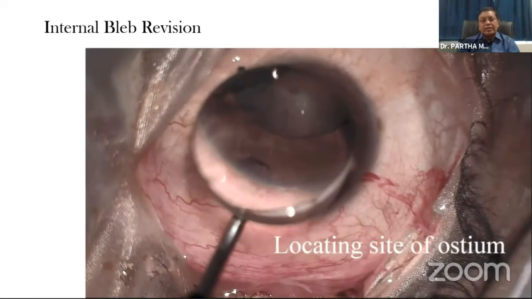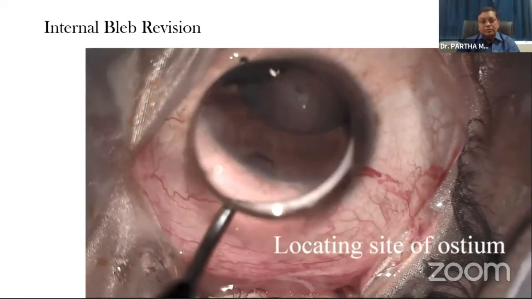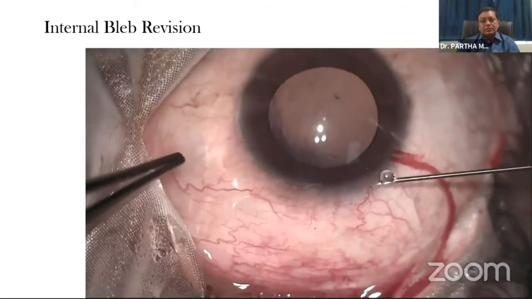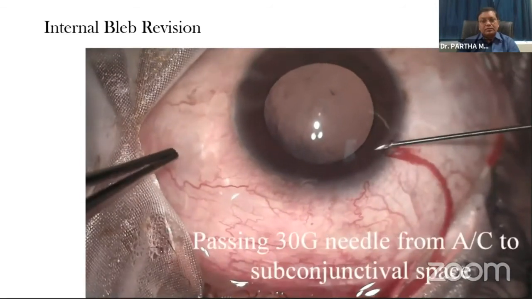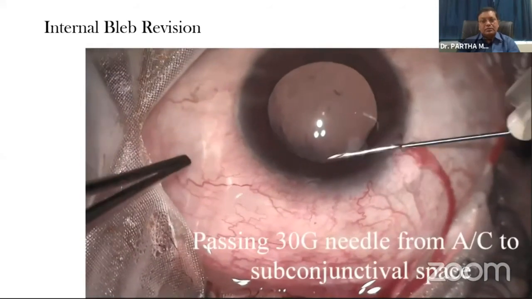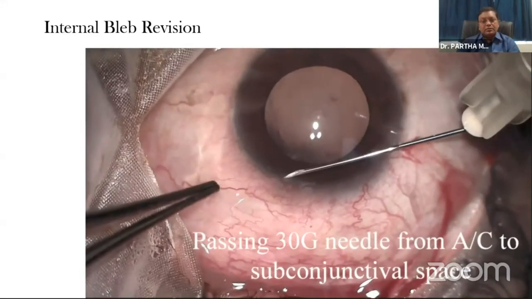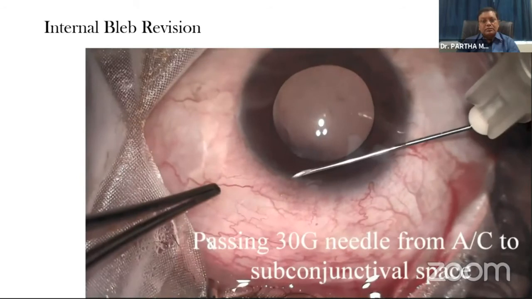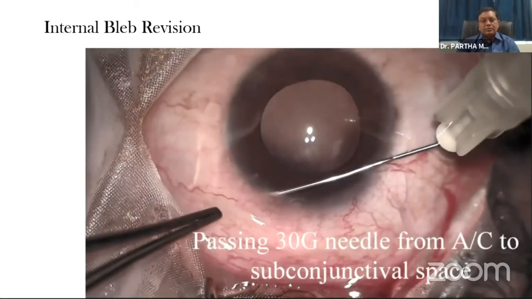Just locating the site of the ostium. And you use a 26-gauge needle.